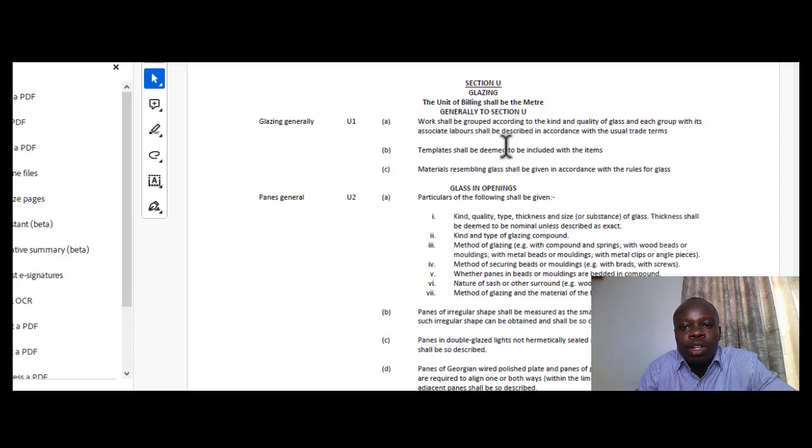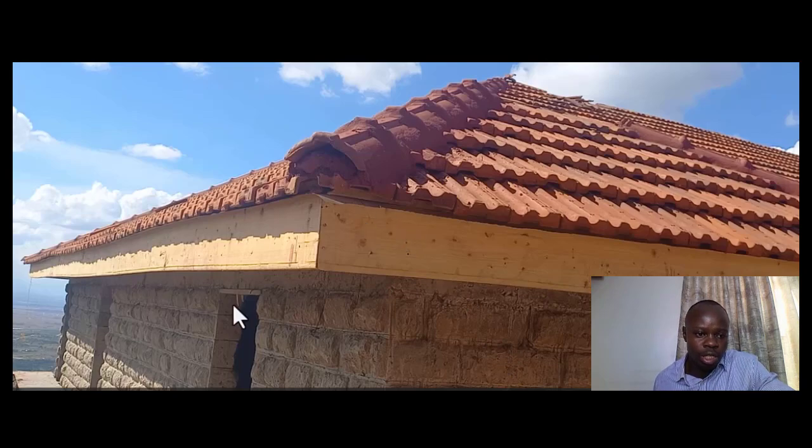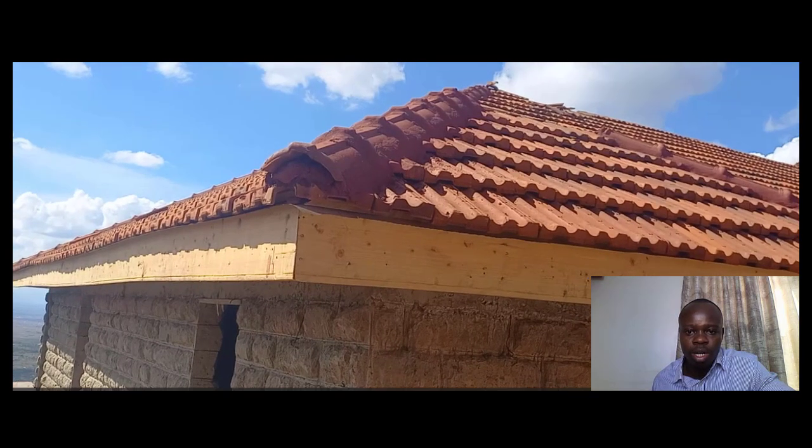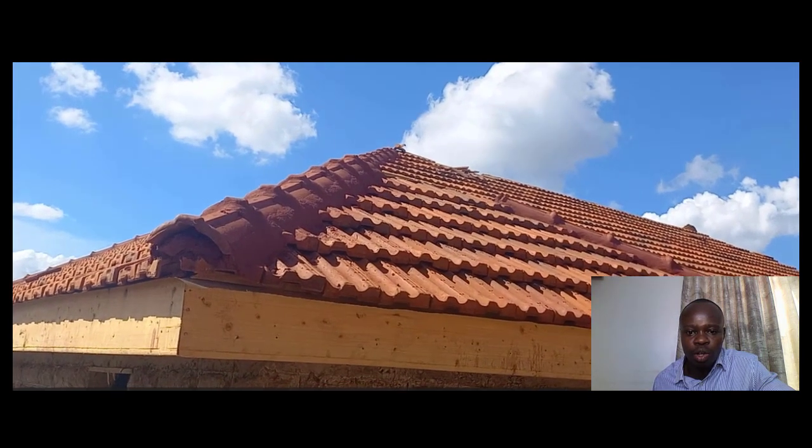So that being noted, as usual, we always try to bring into perspective what we are talking about, and then we also learn how to measure such items. So I would like us to look at that presentation, that given image. You can see there are provisions for doors, and also provisions for the windows and so on.